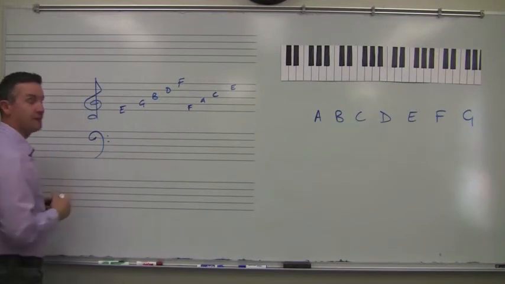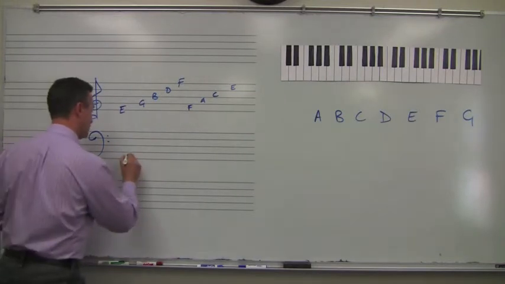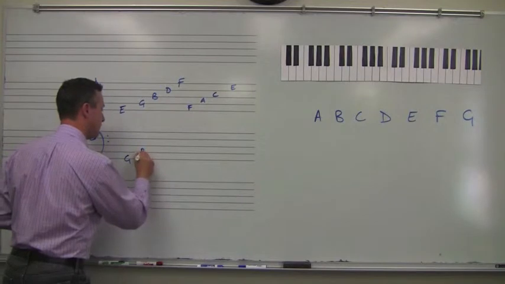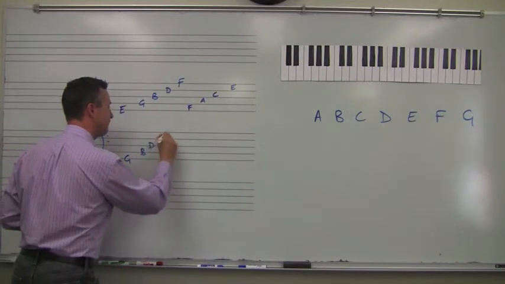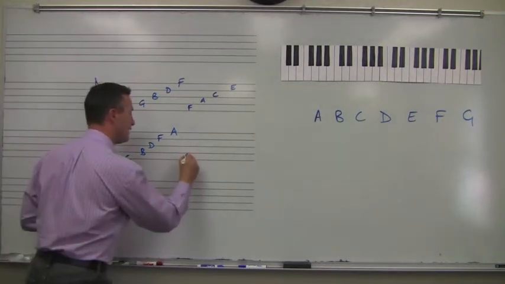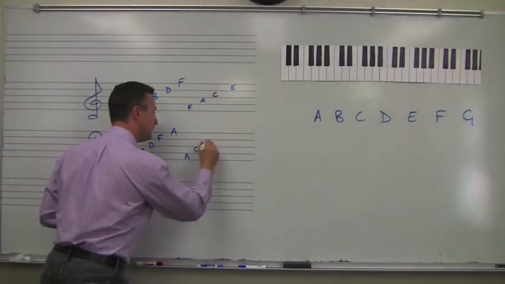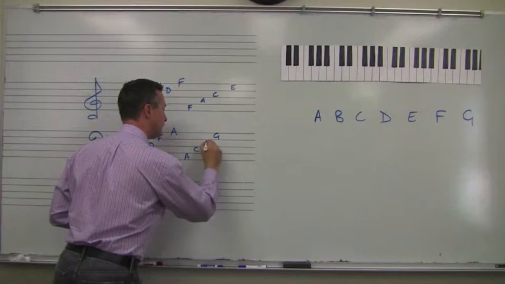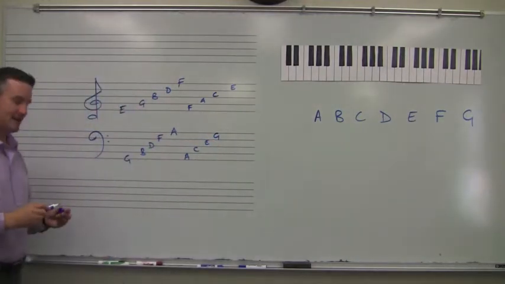So what are they for the bass clef? Well, they are these: G, B, D, F, and A for the lines, and A, C, E, G for the spaces.